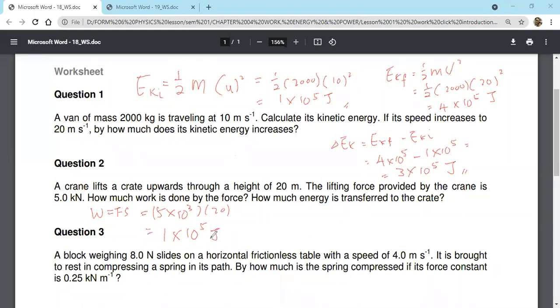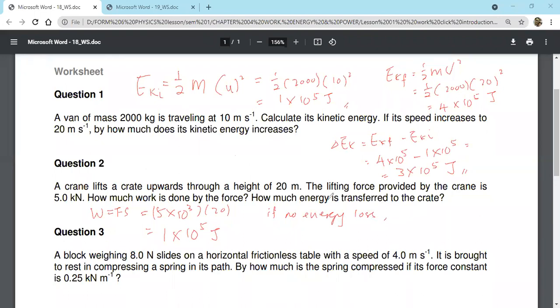After that, how much energy is transferred to the crane? If there is no energy loss, how much energy is transferred?